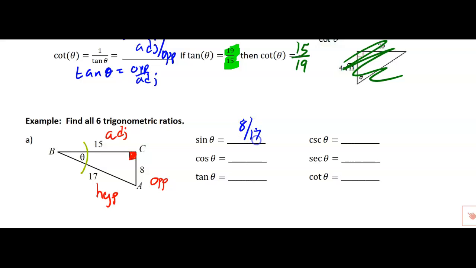Since I know that sine is 8 over 17, I know cosine is 15 over 17. Cosecant is the reciprocal of sine, so flip it upside down. What are you going to tell me?